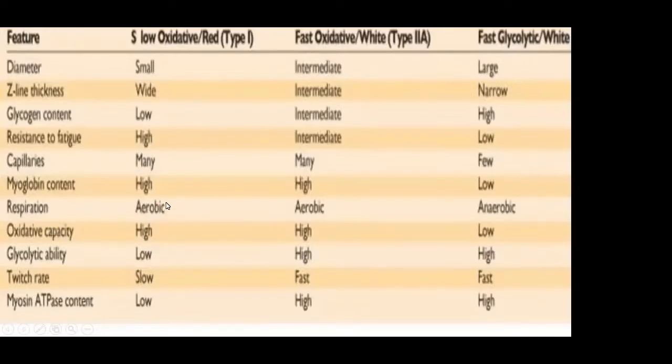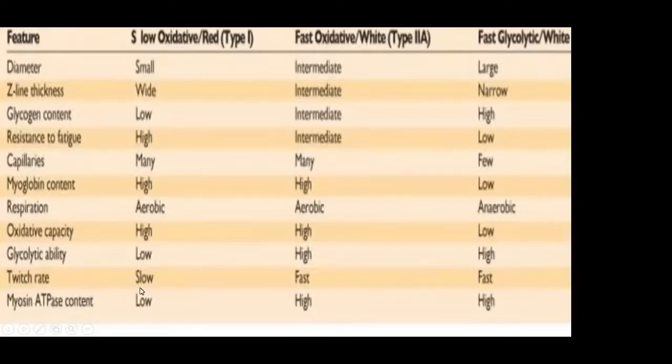Respiration is mainly aerobic in the slow fibers. There is aerobic metabolism in the fast oxidative fibers, and the fast glycolytic follow anaerobic metabolism. Oxidative capacity is high in slow fibers, somewhat high in fast oxidative fibers, and low in the glycolytic fibers.